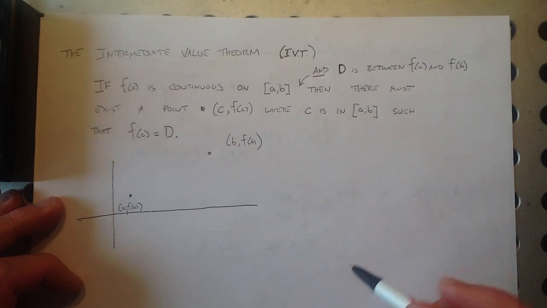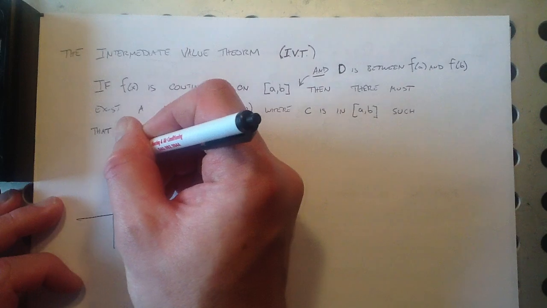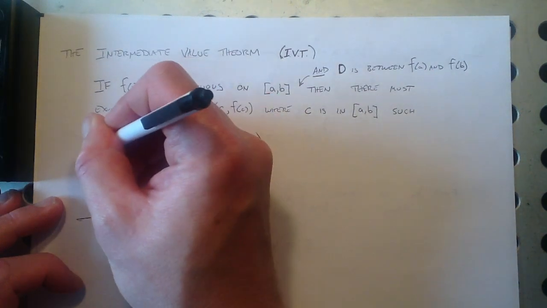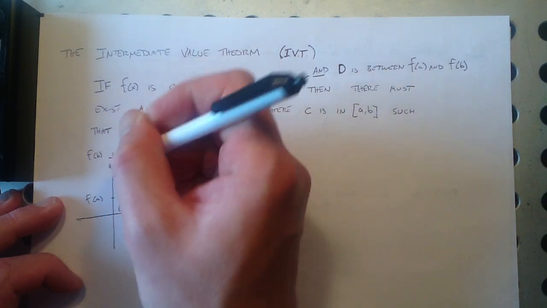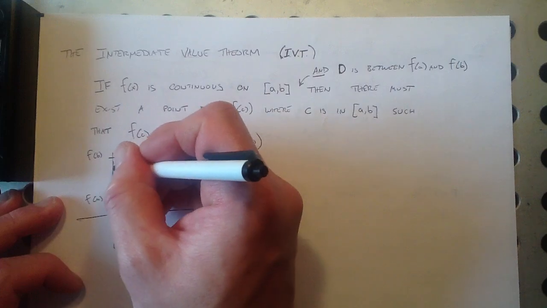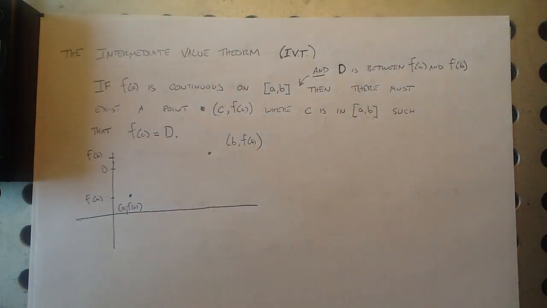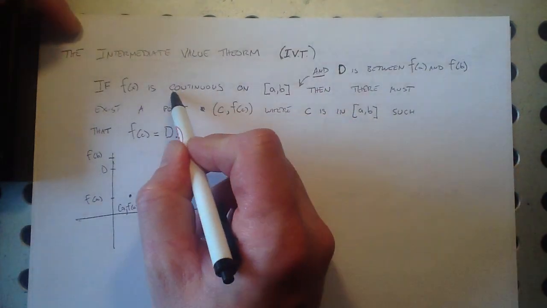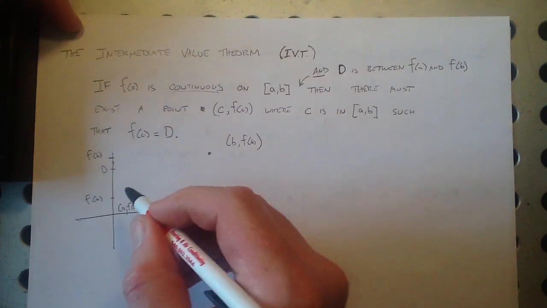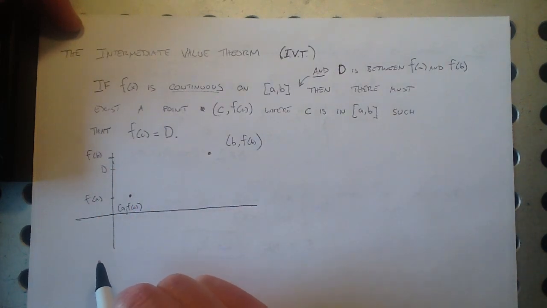What this says is that if you pick any number between f of a and f of b, like somewhere in between these we have our d, it doesn't have to be halfway in between, it could be anywhere in between. There's the d. What this says is, if this function is continuous, you cannot get from here to here without having a point that actually has this y-coordinate, right?